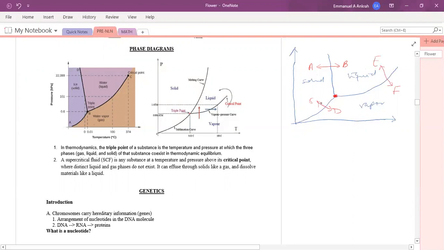So if they ask you which one represents, let's say, sublimation. Sublimation means from solid to gas, right? So that would be C going to D. That's sublimation, because it's a change from solid to gas. Which one represents evaporation?